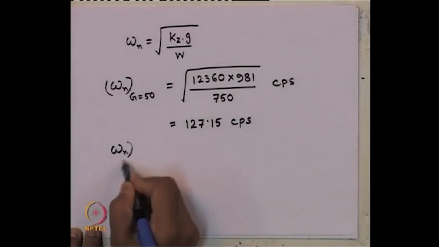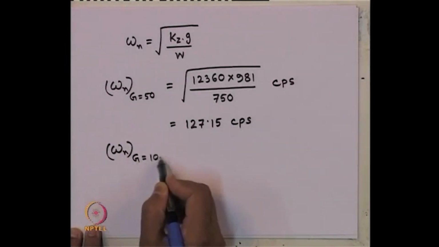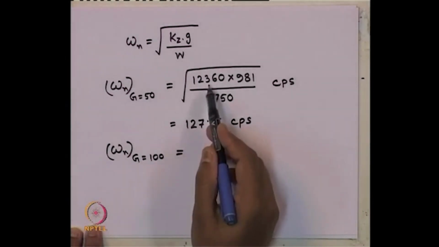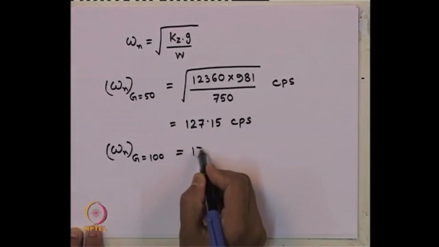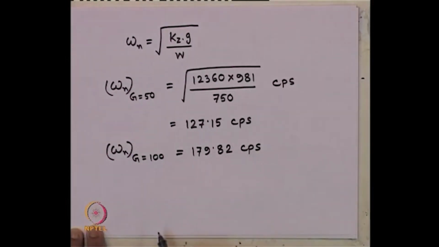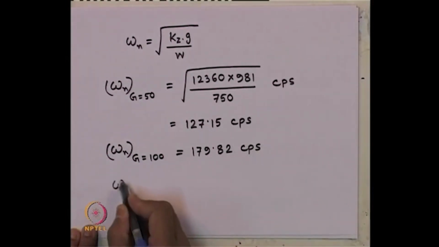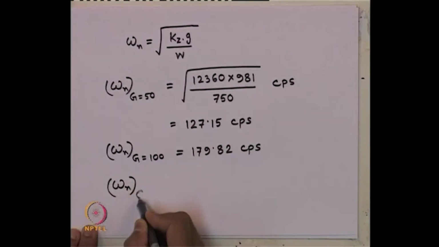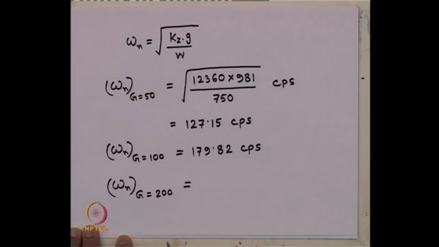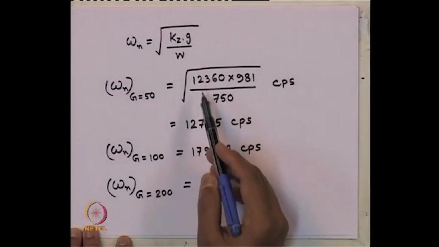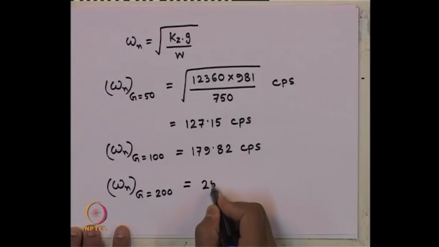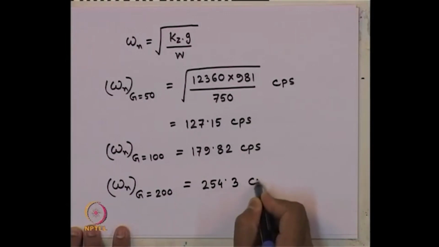Similarly, omega n for the other 2 types of soil: if we put Kz for G equals 100 TSF, we will get the value, and omega n with the third type of soil, where we put Kz corresponding to G equals 200 TSF, is coming 254.3 CPS.